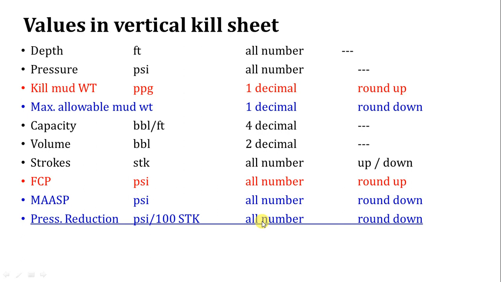This is not acceptable. It has to be a concrete or whole number, so it has to be rounded down. So it has to be 221 PSI each 100 strokes. So take care of all these points, what is rounded up and what is rounded down.